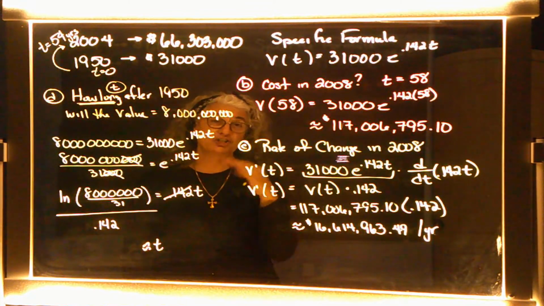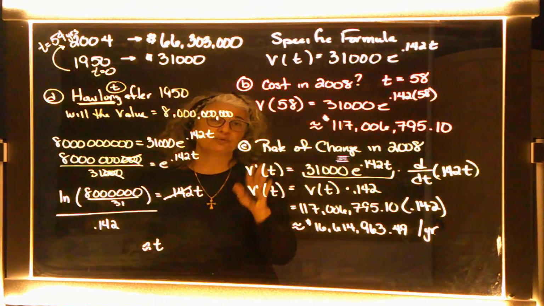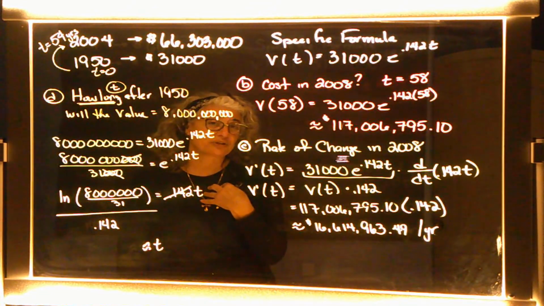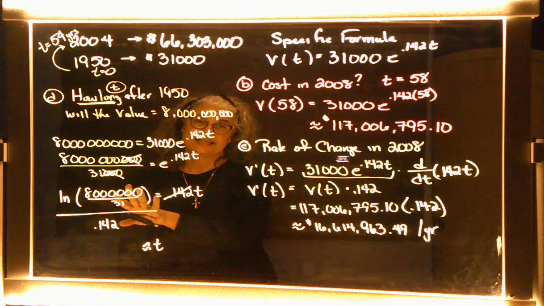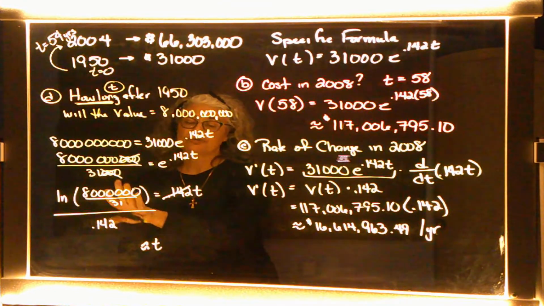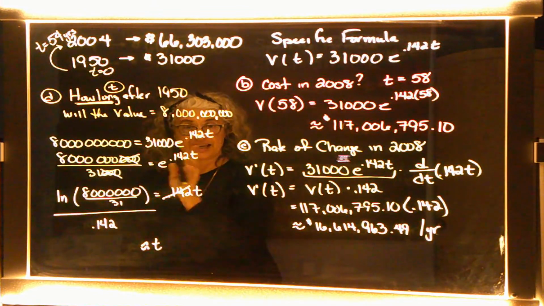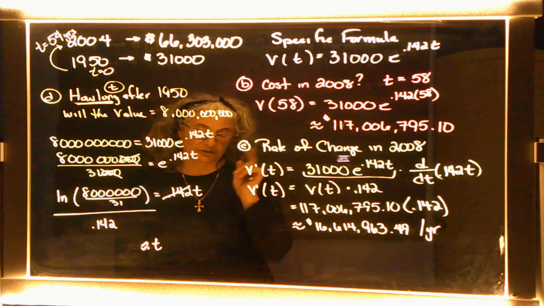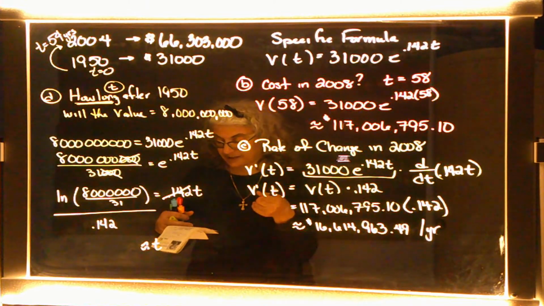And then some of you are punching it in all at once in your graphing calculator. That's fine. Whichever way you want to do it, be my guest. I always work the order of operations. I would do this parenthesis first, get that answer, take the natural log of this answer, equals, and then take the answer and divide by 0.142. So, let's see if you and I agree.